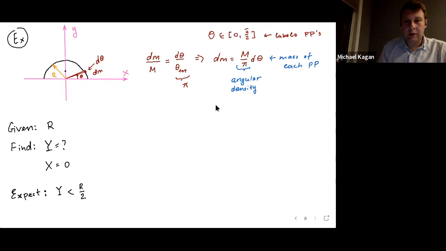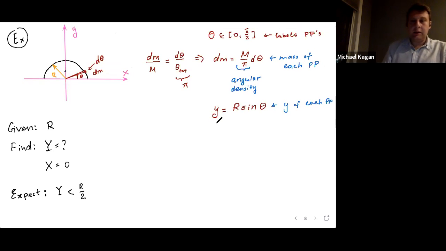Now we need the y, and the y is just r sine theta. So this is the y of each point particle. And then you can basically construct the integral formula.